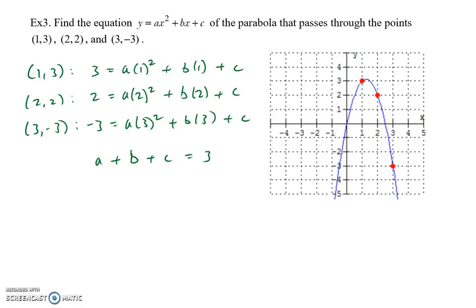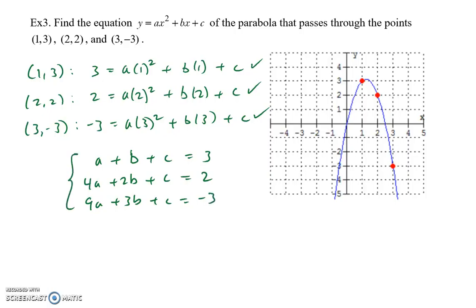For the second equation, 2 equals 4a plus 2b plus c, so let me write 4a plus 2b plus c equals 2. And for the third equation, 3 squared is 9, so 9a plus 3b plus c equals -3.